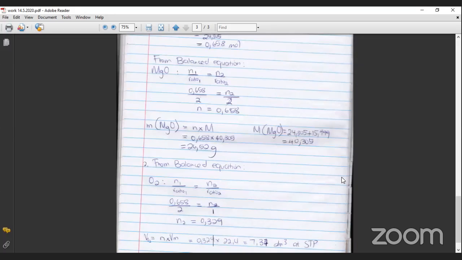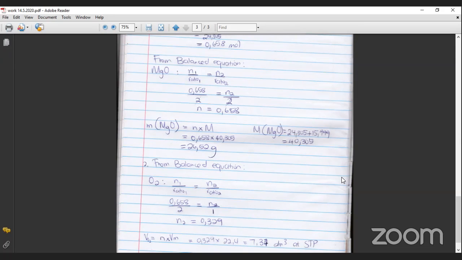The volume of oxygen is equal to N times Vm. Vm is standard, the molar gas volume. And that will be 0.329 times 22.4, which gives us 7.37 dm cubed at STP.